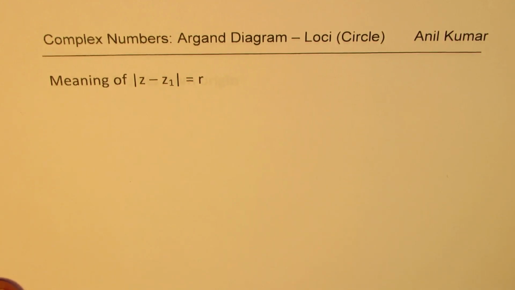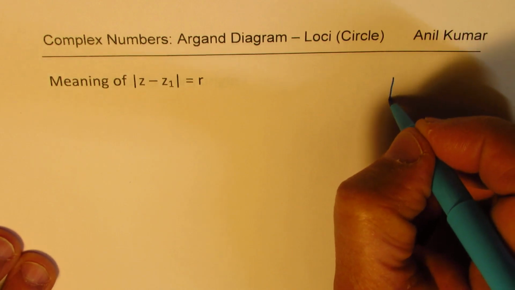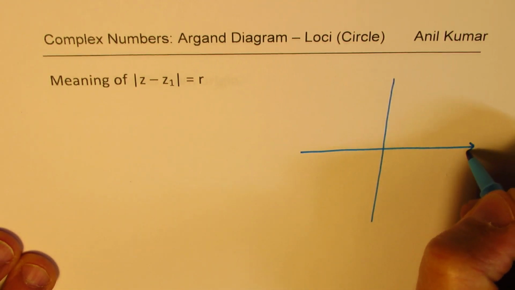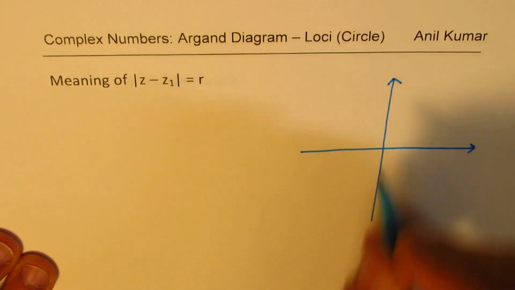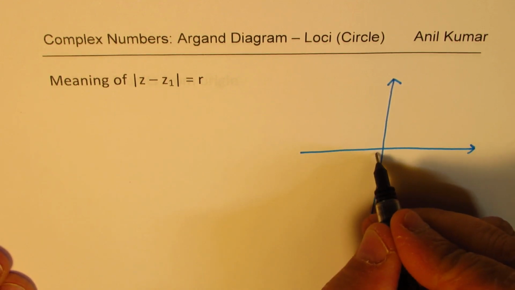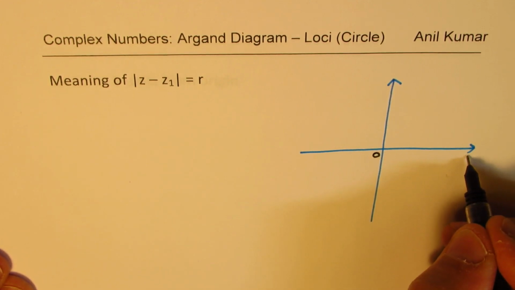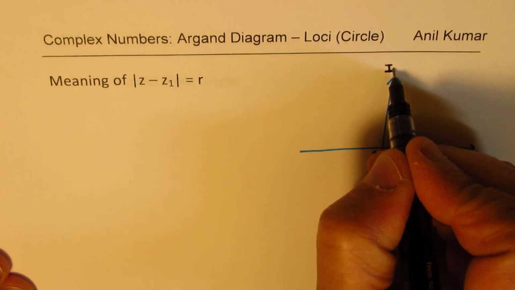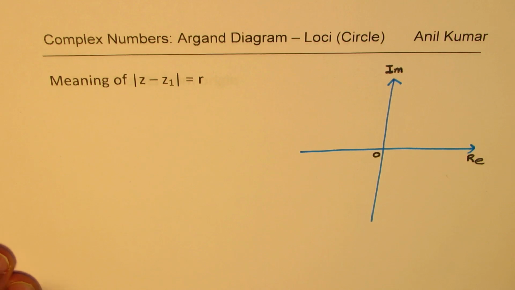So as I was saying, we want to sketch all these equations on the complex plane, right? When we say complex plane, we are saying that we have the origin here, and this represents the real numbers. The vertical axis is the set of imaginary numbers, correct?